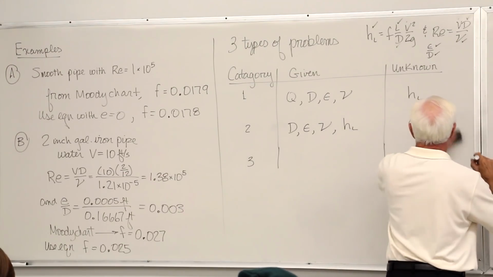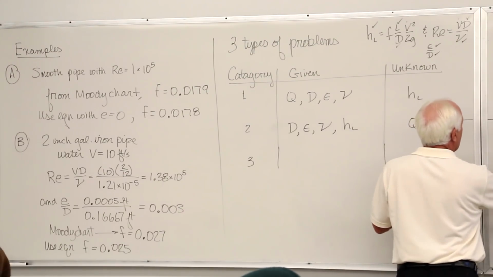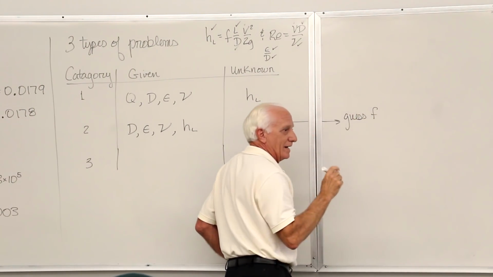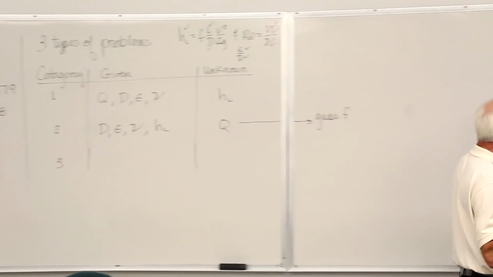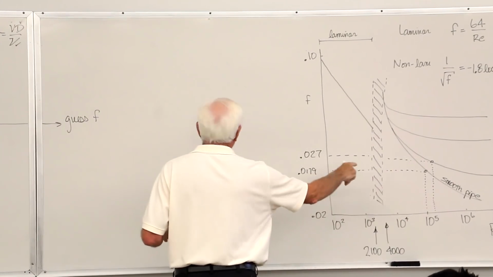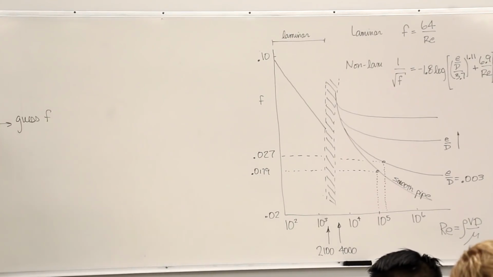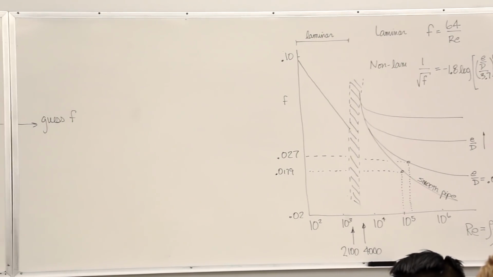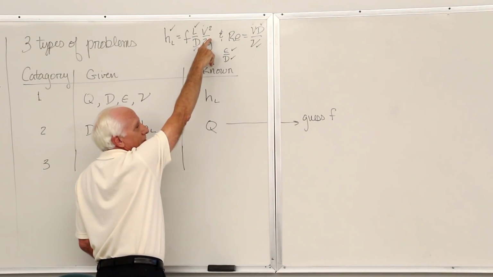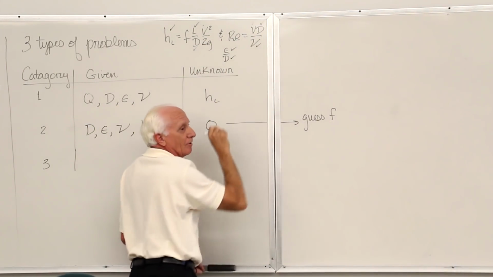I'll just put it over here. All right, I guess an F. If I guess an F, I'll put the F up here. With that F guess, I'll calculate the velocity. With the velocity, I'll calculate the Reynolds number.